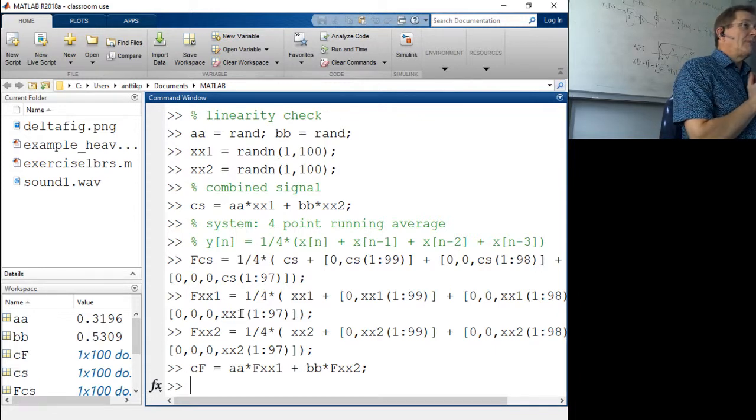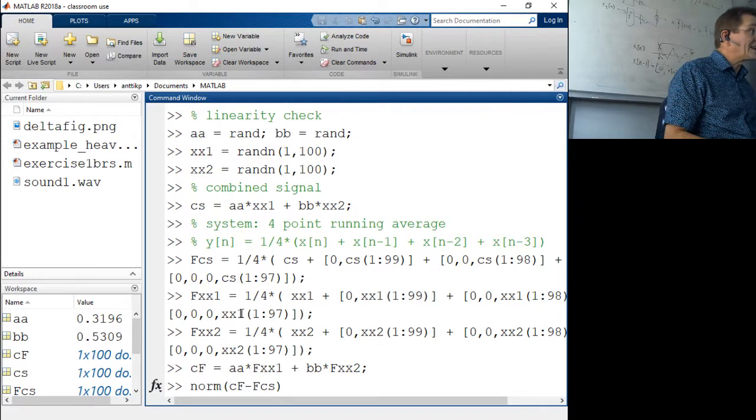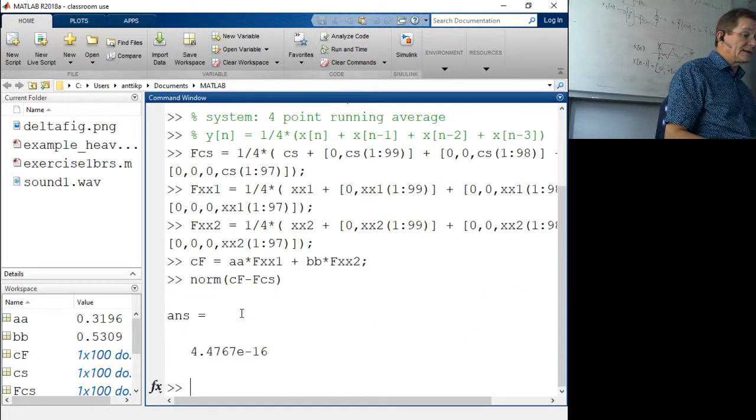Okay, that's the combined output, meaning the lower part. And now I can check if these are the same. Norm of CF minus FCS. That's supposed to be 0 if this is a linear system.